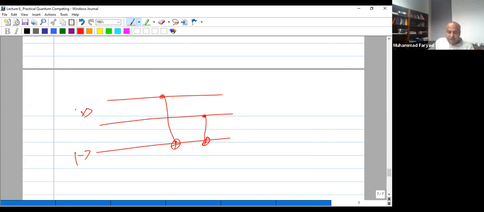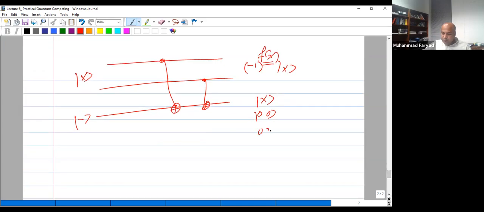So this is my x, and this is my minus 1 power f of x. And let's work out what this f of x is. And for that, let's work out what the output is going to be for different x inputs. So if this is your input, let's say 0 0, 0 1, 1 0, 1 1. So let's see how it works.